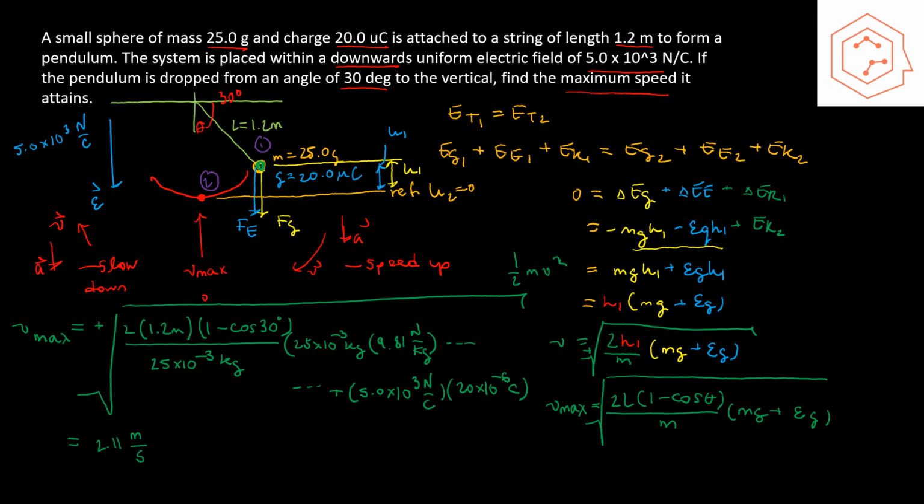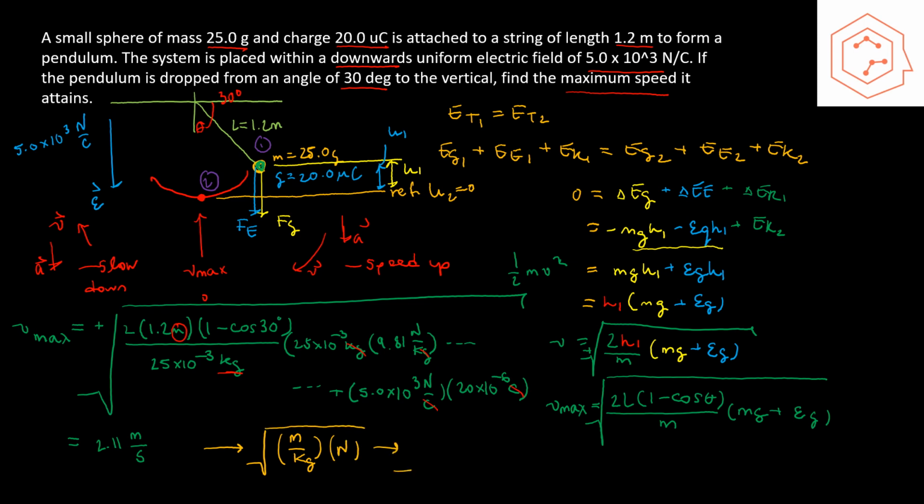And let's work out our units. So we have over here meters per kilogram. This 1 minus cos 30 doesn't have any units. These kilograms will cancel, and these coulombs will cancel. So this is newtons over here. So essentially we have the square root of meters per kilogram times newtons.